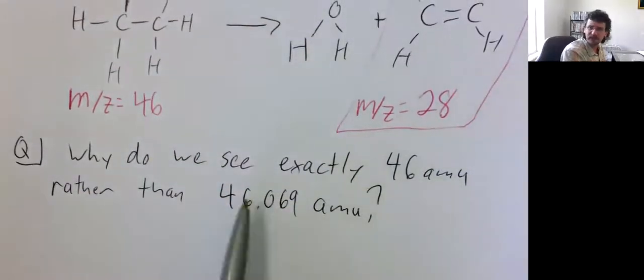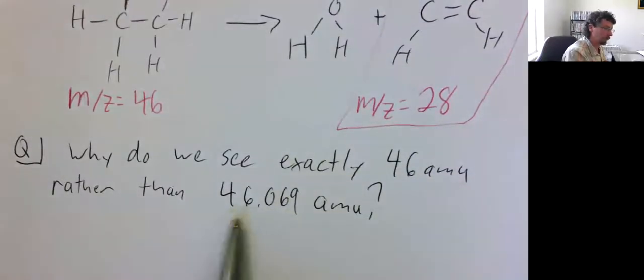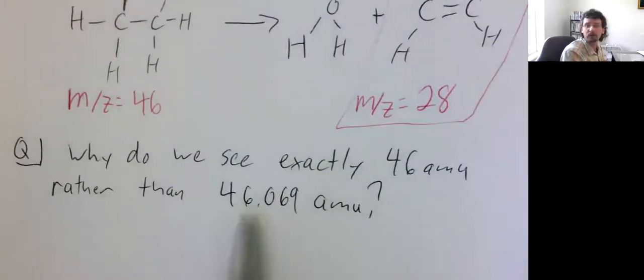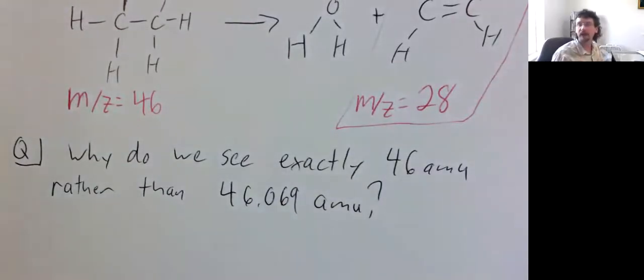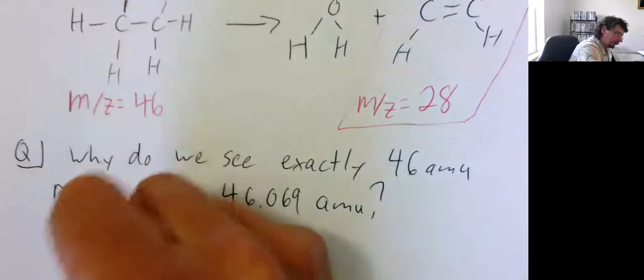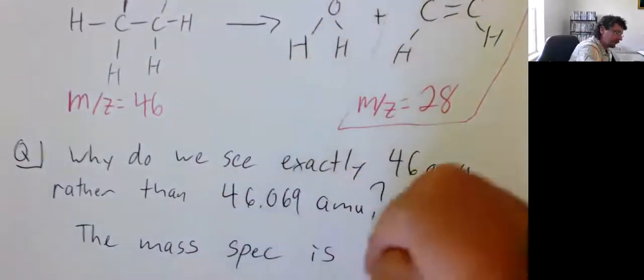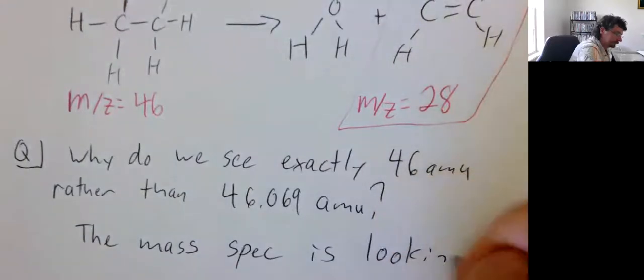So why don't we see this in the mass spec, but we see this guy? Well, remember, when we're looking at the periodic table, this is a large ensemble of those elements or those atoms. So it's a weighted average that we're considering. When we use the mass spec, we're actually looking at individual molecules. So the mass spec is looking at individual molecules.